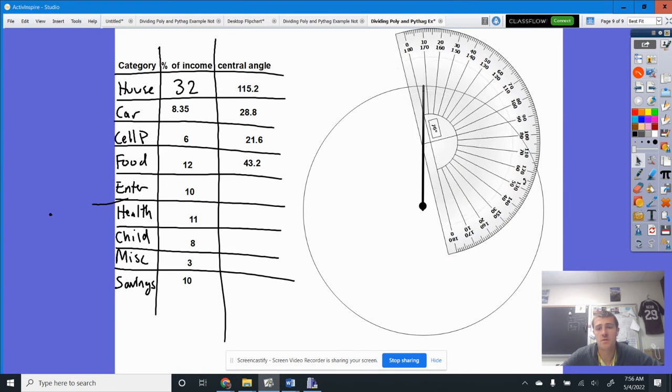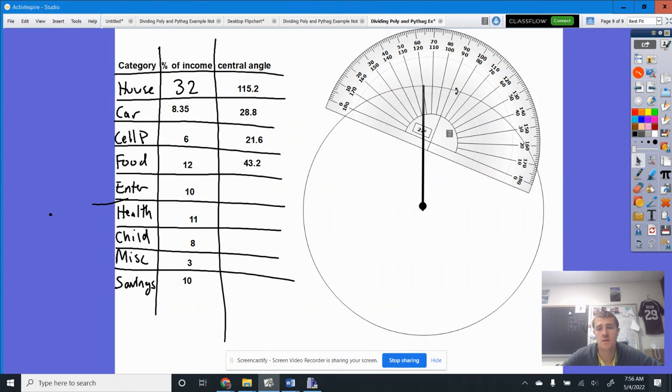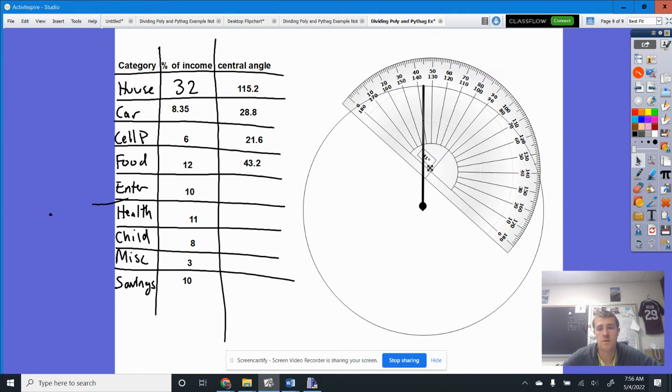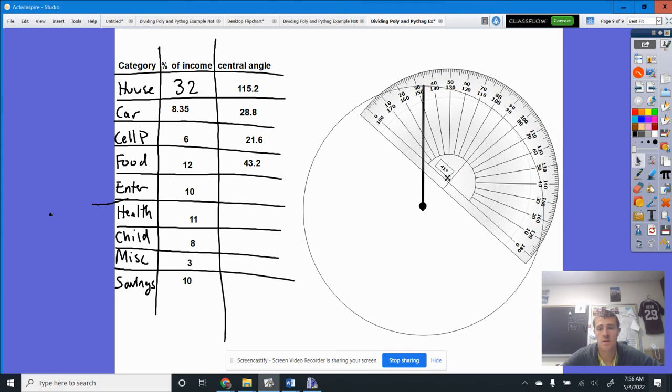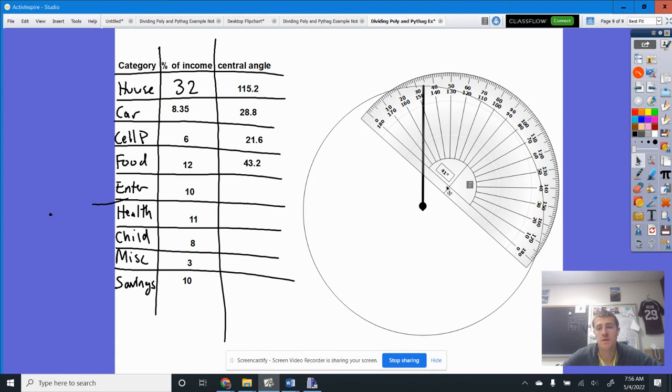So now, how to use a protractor? Oh, geez, there we go. We can move it. So there's protractors over here in the drawer by the windows. You're taking the protractor. This little cross right here at the bottom, where it goes to 0, and this line that goes the whole way across to 180 and 0 down here at the bottom, and the line that goes straight up and down to 90 degrees, it crosses right here at a point.